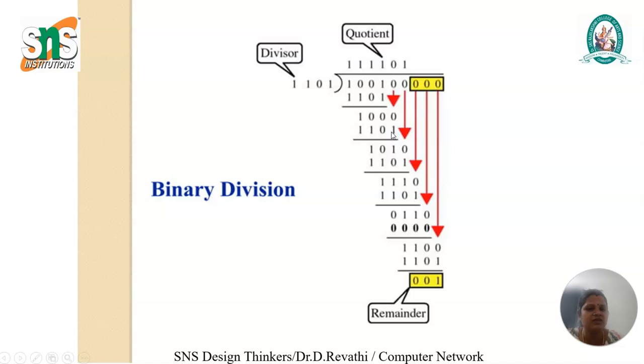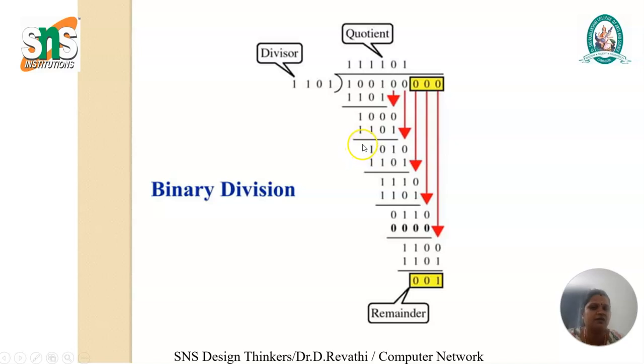The second time, it becomes 1101 and 1101. In the same way, 0 minus 1 cannot be done, so we borrow from the next bit: 10 minus 1 is 1, then 0 minus 0 is 0, and here also 10 minus 1 is 1, and 1 minus 1 is 0.